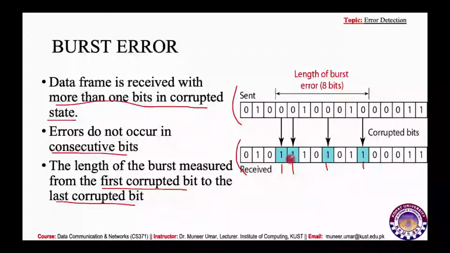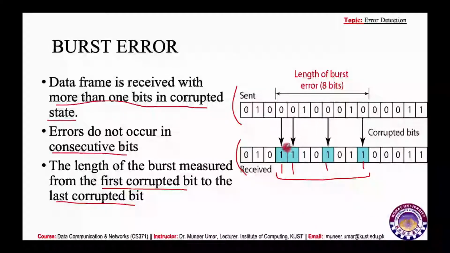So these are more than one. Second thing is that there isn't any condition of consecutive bits. Now if we look into these two bits, these are consecutive, but the burst is known for non-consecutive multiple bits. Third thing is the length.